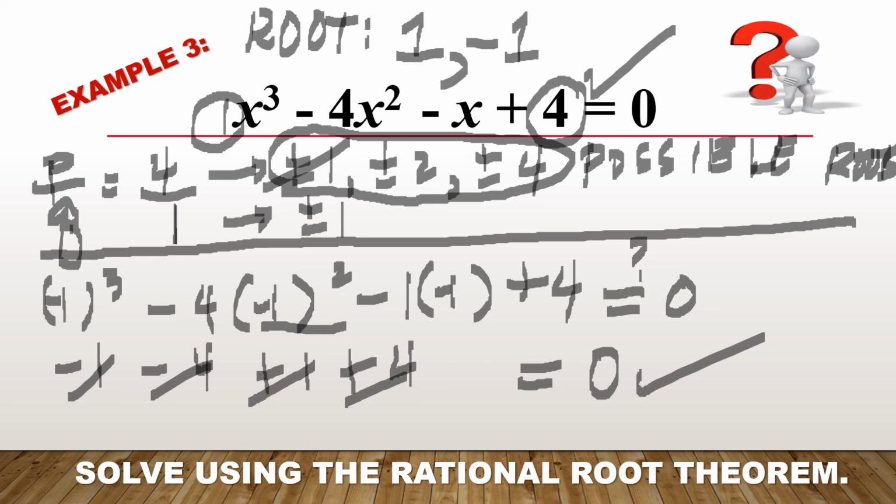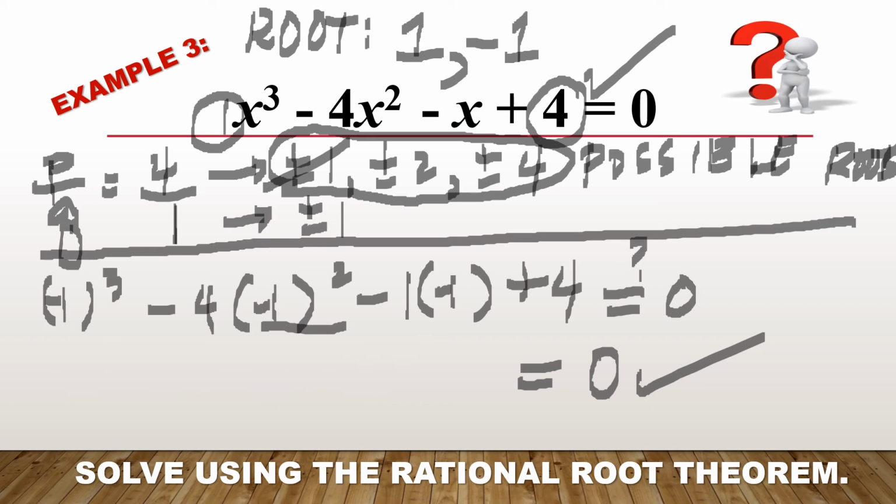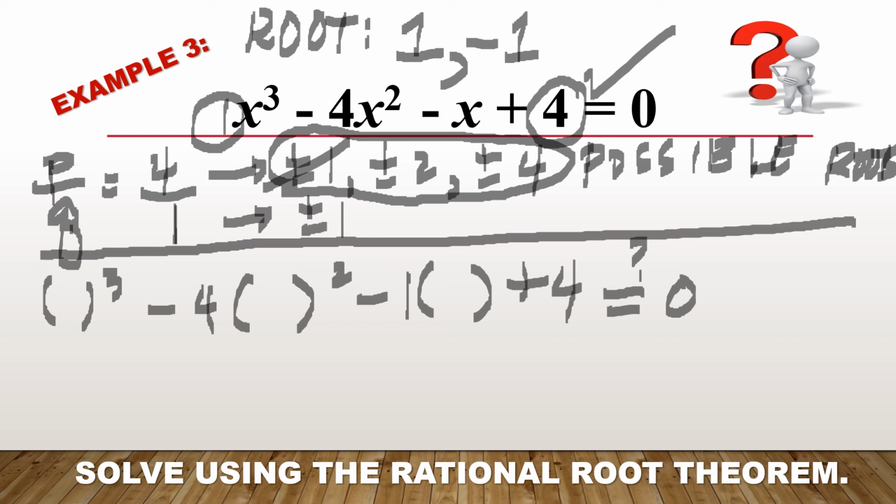Let's proceed to positive negative 2. So let me erase this part, and the number inside the parentheses, and let me change it to positive 2. So positive 2 here, positive 2, positive 2. 2 cubed is 8. 2 squared is 4 times negative 4, that's negative 16.